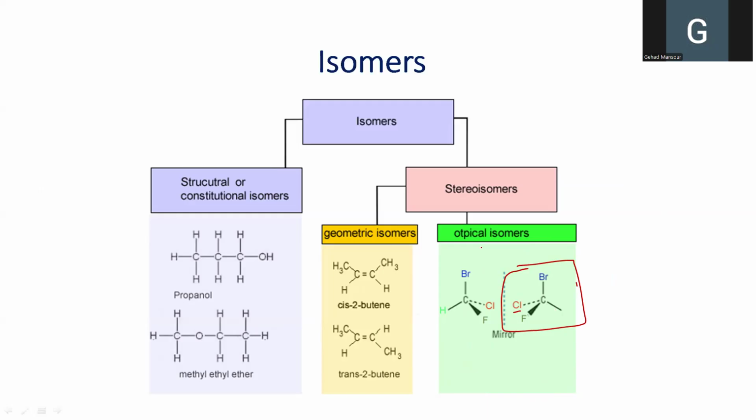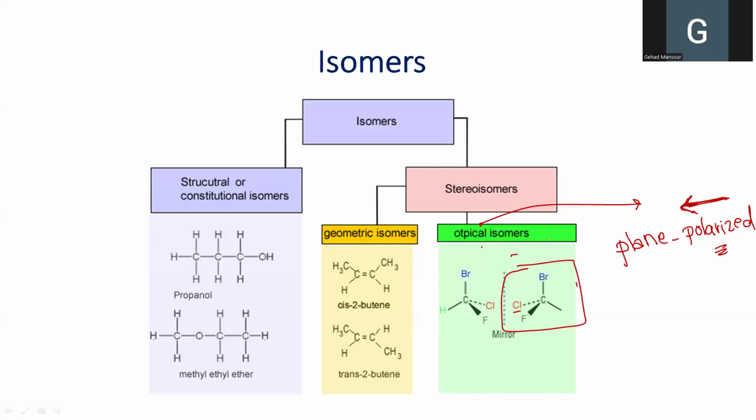Why are they called optical isomers? If we pass a polarized light, which, to simplify things, is very concentrated light like a laser, we call it plane polarized light, where we have electromagnetic waves that are very focused, of the same wavelength, and traveling in one plane.